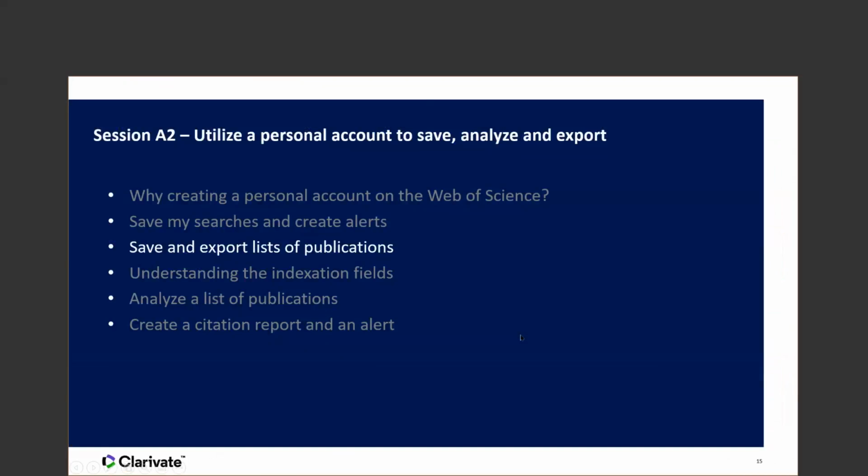We've seen the alerts. Now we can also save and export lists of papers, lists of publications. We call them marked lists in the Web of Science. And we're going to do it also through some exercises.